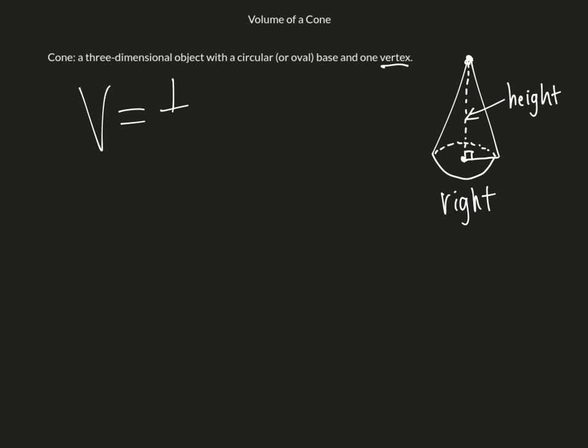It is 1/3 capital BH. And again, capital B refers to the area of the base shape, and H refers to the height of the pyramid, or sorry, in this case, cone. And it's going to be 1/3 of that. It would take 3 cones to fill up a cylinder of the same radius and height.